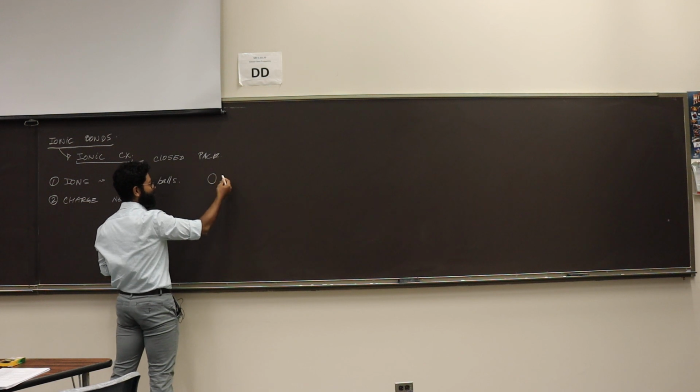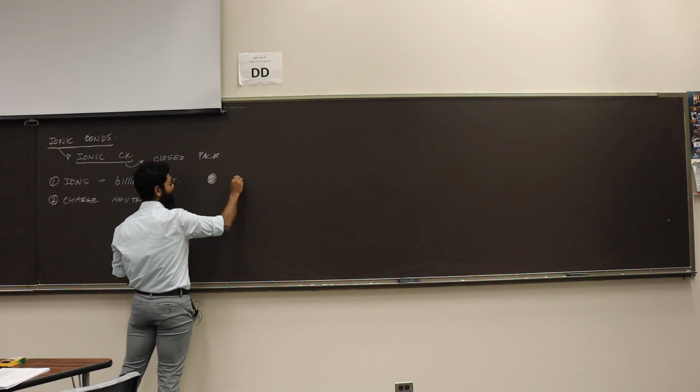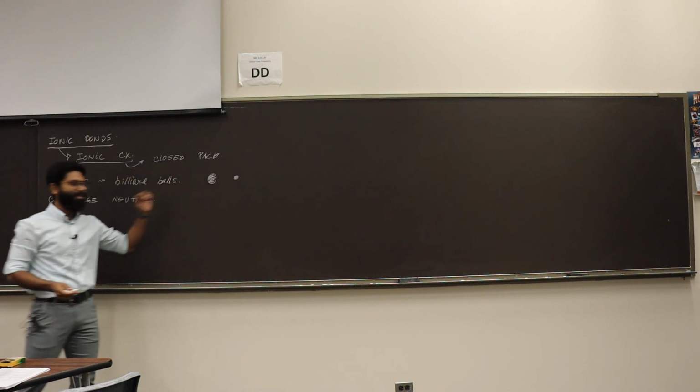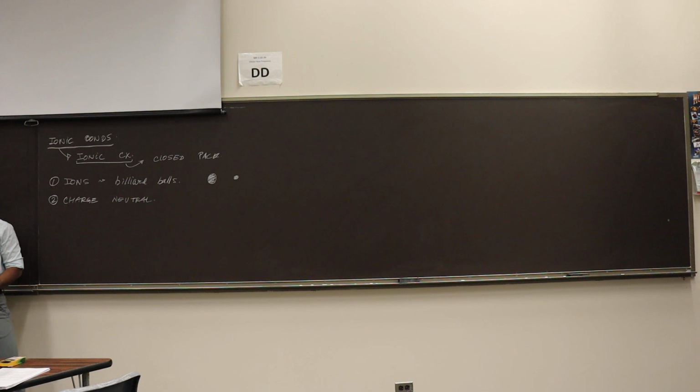are of different sizes. Some of these are small, some of these are big. Which of these is more likely to be a cation and which is more likely to be an anion? A smaller billiard ball or the bigger one?